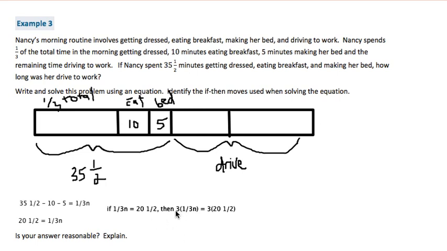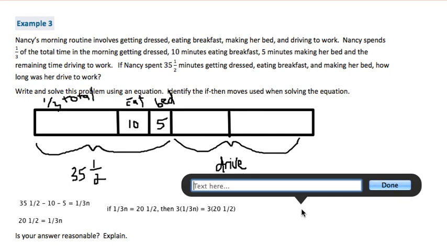And when we multiply 3 times 1/3, we get 1. 1 times n. That's our goal. So we would then say n equals, and we'll need to multiply 3 times 20.5, which will give us 61.5.